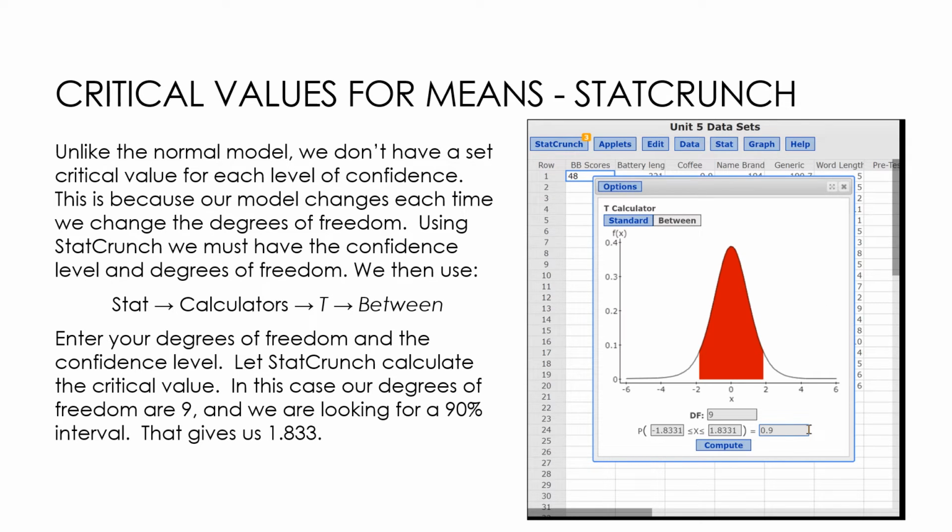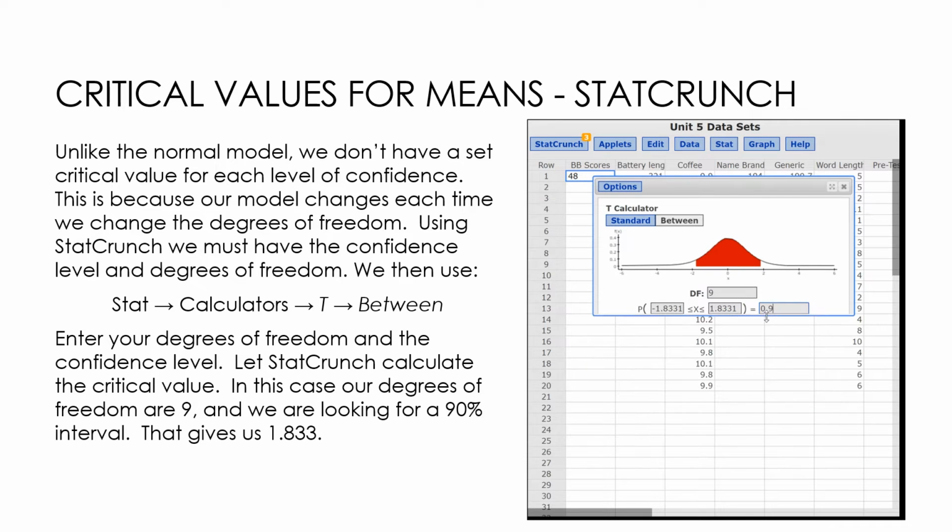So in this case it's a 90% interval. And notice it gives me negative 1.8331 and positive 1.8331. So the positive value, 1.8331, is the one I will use, and I typically round to 3 places. Don't round to 2 places, please. So that's the value that I'm going to use.